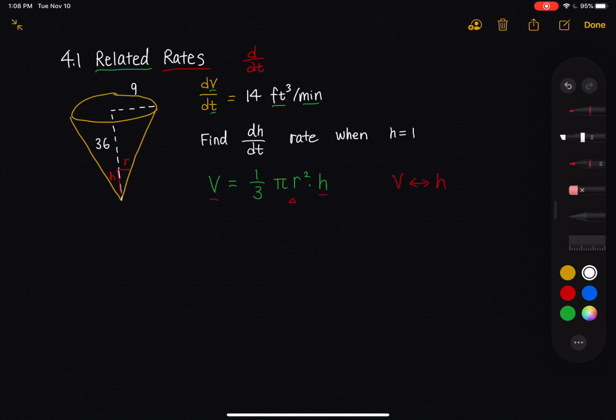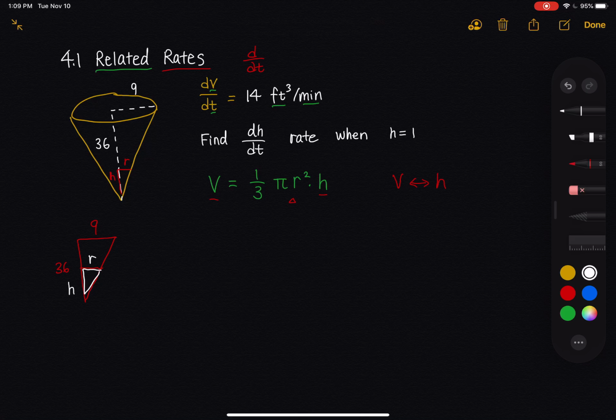We need to think about our knowledge from pre-calculus, talking about similar triangles. So if the bigger triangle has 9 and 36 here, and the smaller triangle has r and h here, how do we relate that?